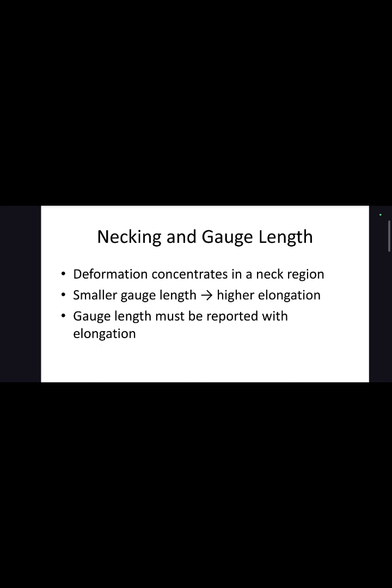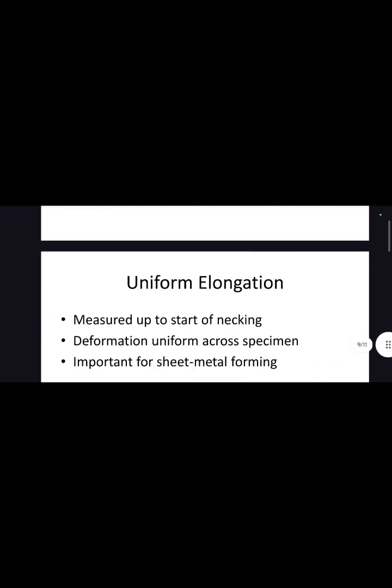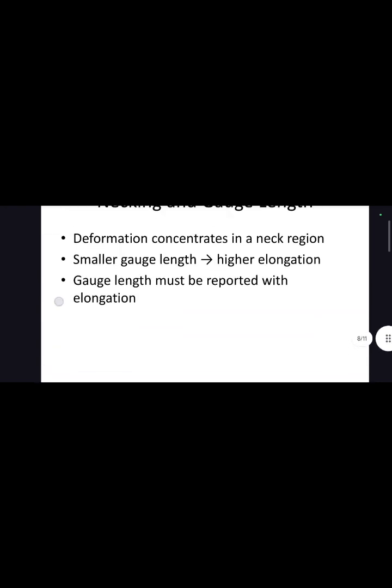One important point is that when there is a smaller gauge length, the elongation value will be larger, and vice versa. So, whenever elongation is reported, the gauge length must always be mentioned. Otherwise, the value can be misleading.